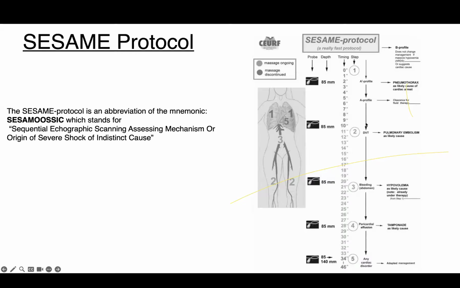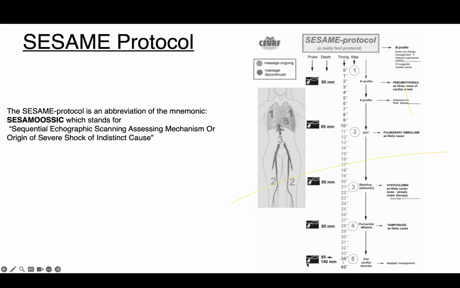Then you assess the leg first, look for DVT. If DVT is negative, you come up, look at the abdomen, assess for any bleeding, any free fluid that is present. Then if nothing is there, you come to the subcostal view and assess for pericardial effusion if it is present. Then if nothing fits in, you do a cardiac echo using the curvilinear probe itself.